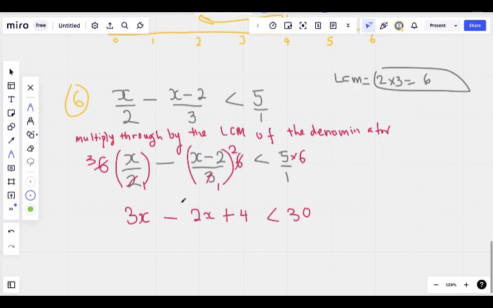So it has become only one step we took by multiplying through with the LCM. You see, we get a linear function. The next is to collect like terms. So we say collect like terms.